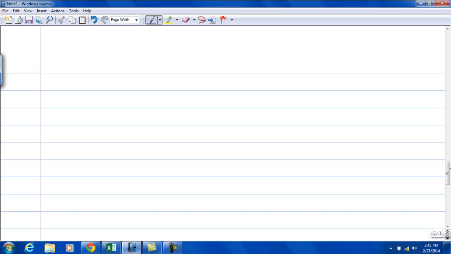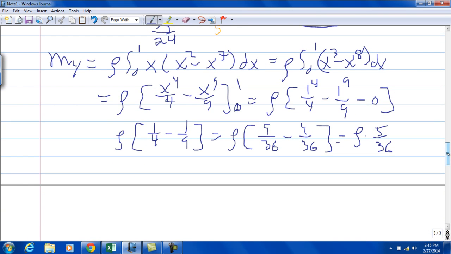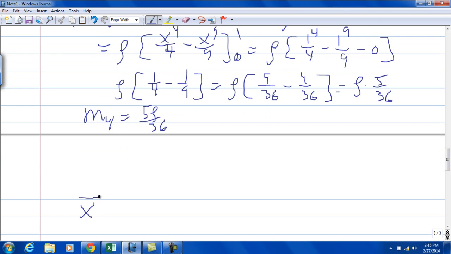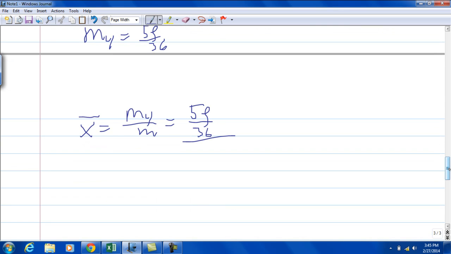Give myself another page to work with here. So our my is going to be 5 rho over 36. Therefore, x bar is going to be my over m, which is 5 rho over 36 divided by 5 rho over 24.